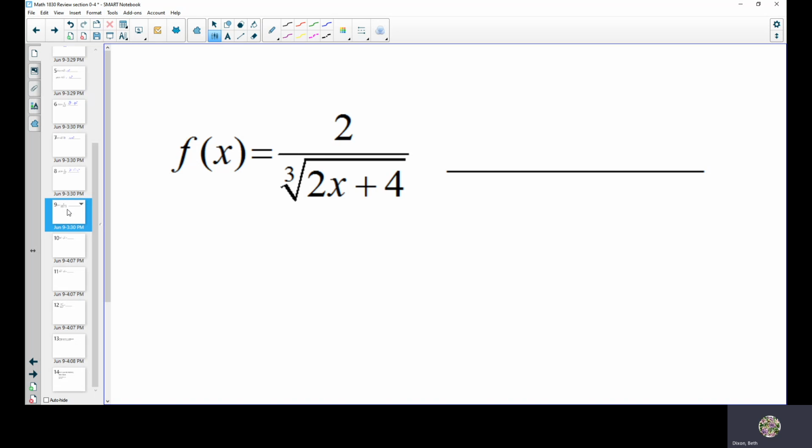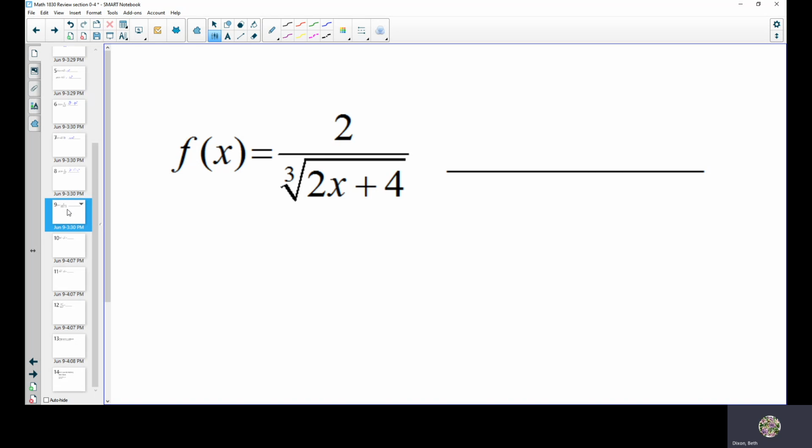The next page gives me f of x equals 2 over the cube root of 2x plus 4. As I look at that 2x plus 4, I want to remember that it is a group. It's all under the cube root.